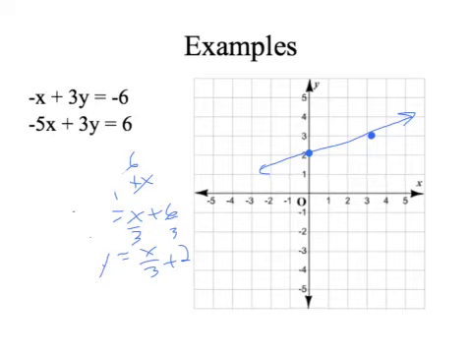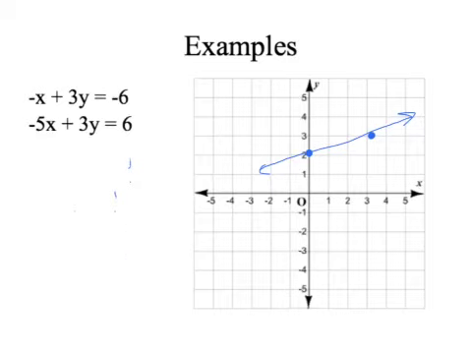I'm going to have to solve my second equation for y, since it's not given. So I have -5x plus 3y is equal to 6.